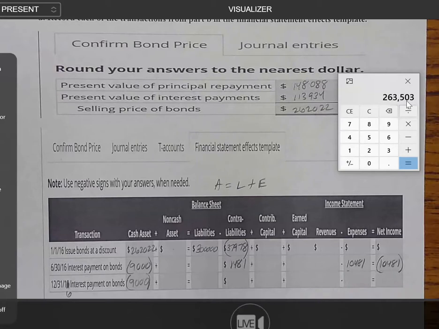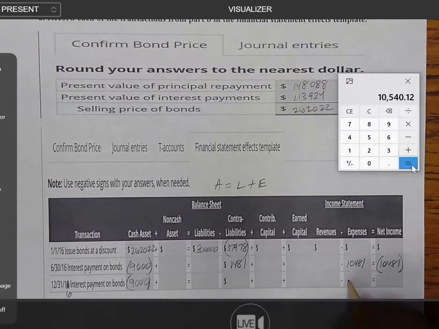Now, we don't have to put this figure anywhere. If we were doing an actual amortization schedule, we would have a spot for it. But this is how we calculate interest expense. So 263,503, and we're going to multiply it by that same market rate of interest of 8% divided by 2, because it's a semi-annual interest payment, or 4%, gives us 10,540.